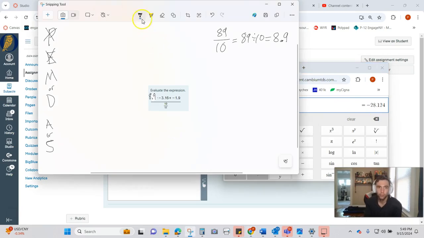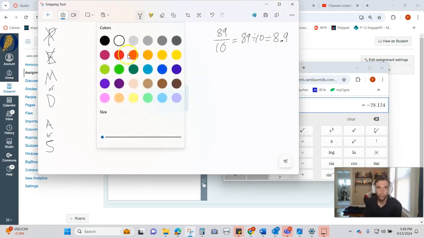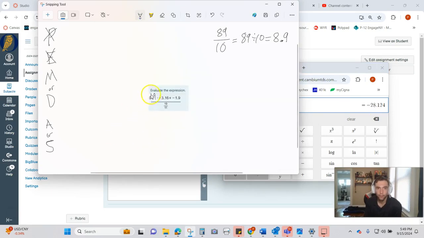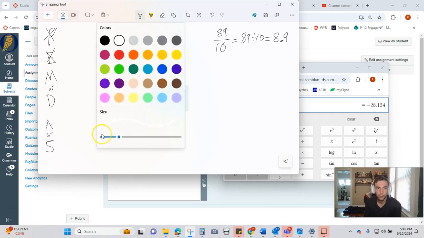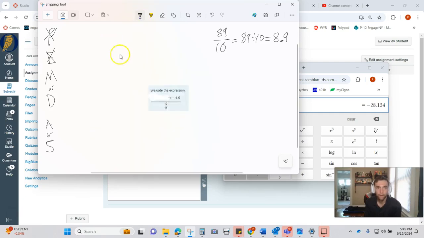So let's smudge out those numbers and replace them with what they solved for. Not the plus sign though, keep that plus sign there. Negative 28.124.